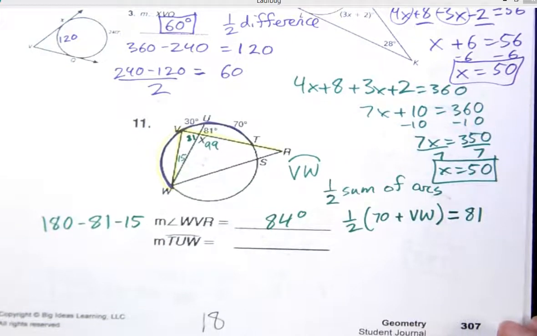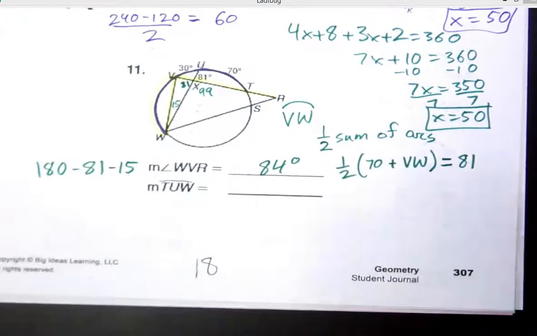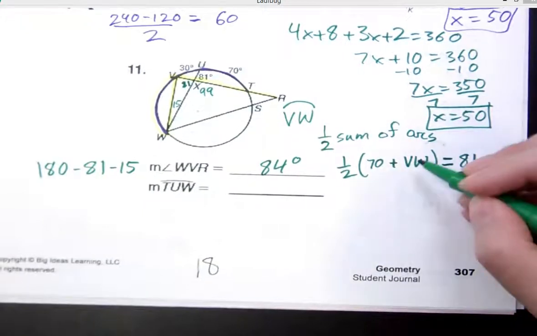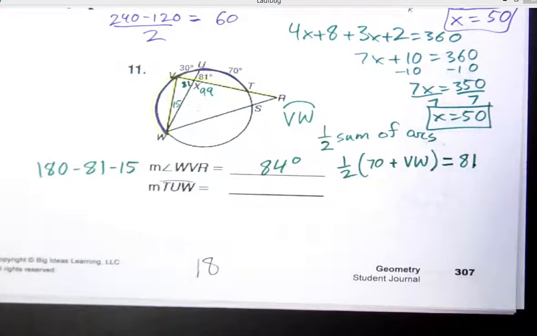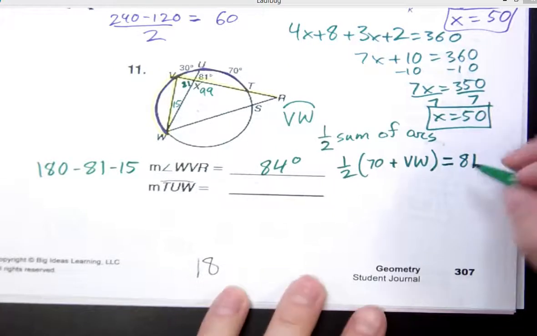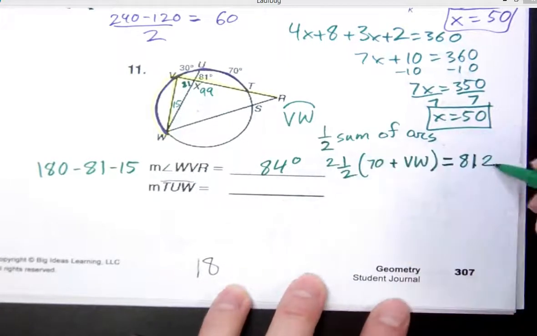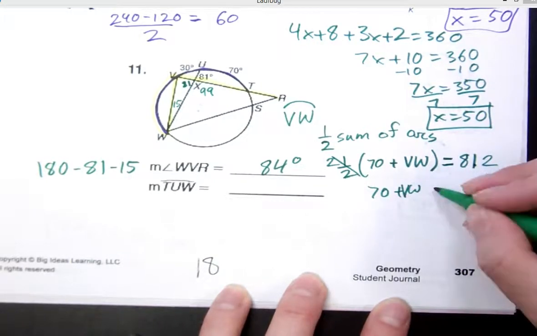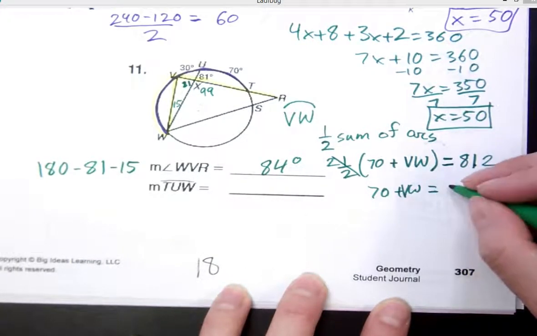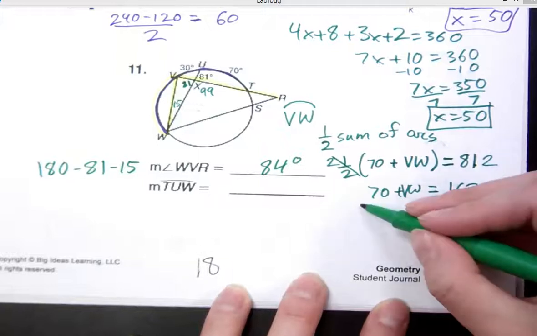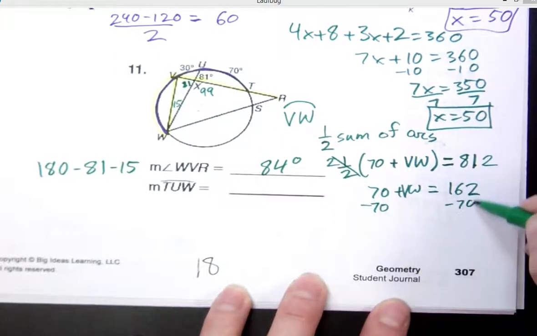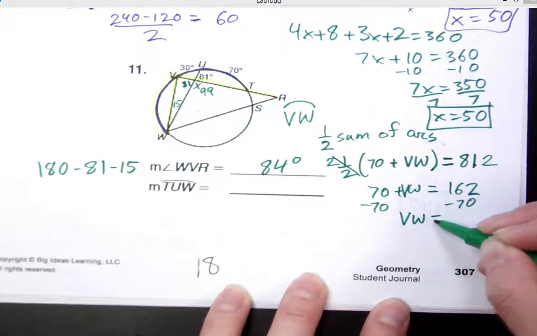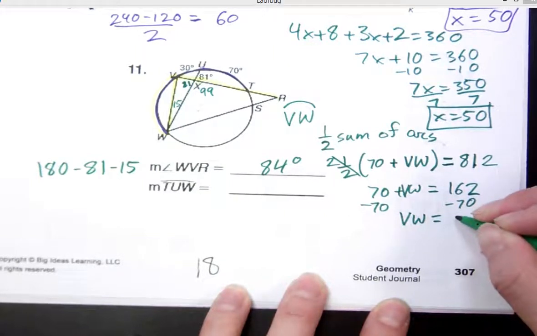And so we just set up the equation this way, because this time we have the central angle, we have the 81, and we're solving for the missing arc. So first step is multiply by 2 to get 70 plus VW equals 162. Subtract 70 and VW becomes 92.